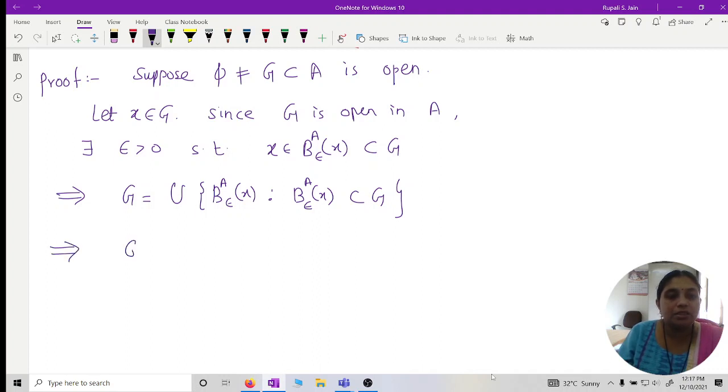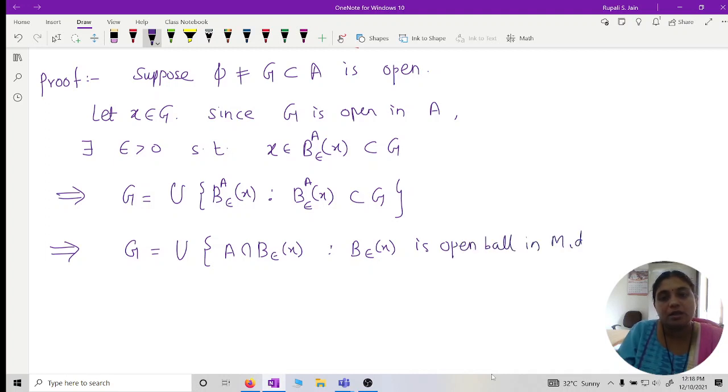So this G I can write as union of, now what is B epsilon of X in A? This I can write as A intersection B epsilon of X, just open ball in M. What is B epsilon of X is open ball in metric space MD. Is that right?